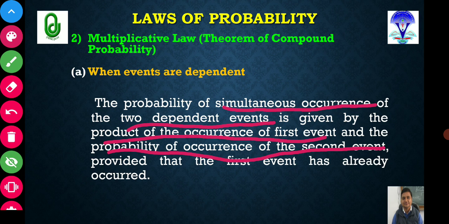But there is one condition: that the first event has already occurred. Since there is one condition, this is known as conditional probability.